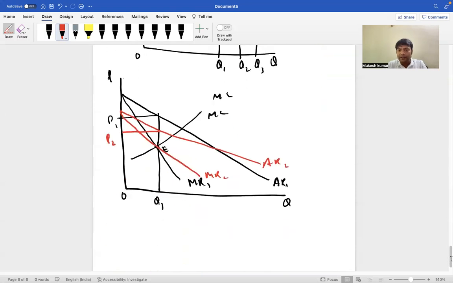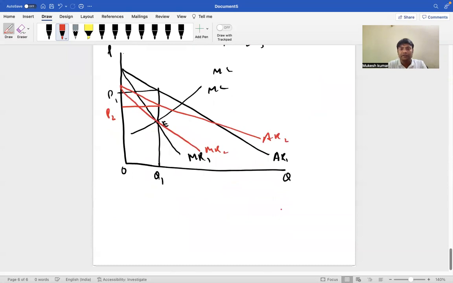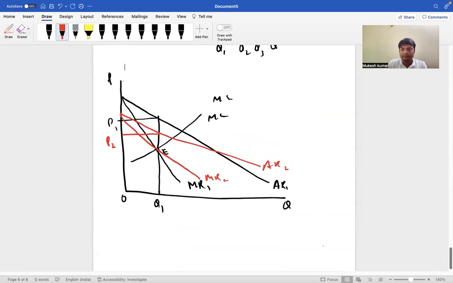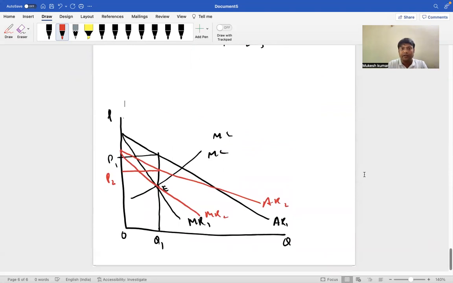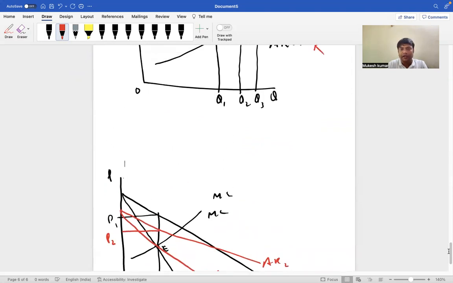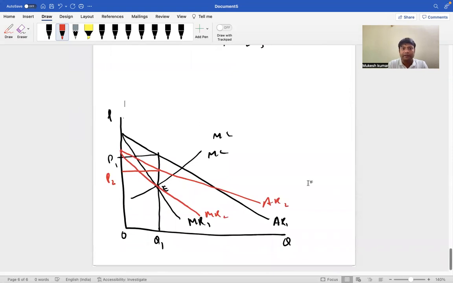Another case in the monopoly, through another diagram, we can show why there is the absence of the supply curve in the monopoly.